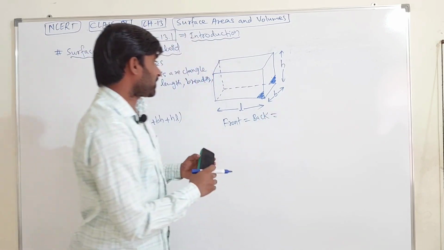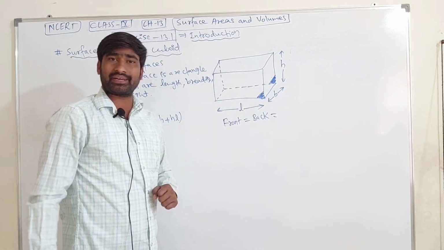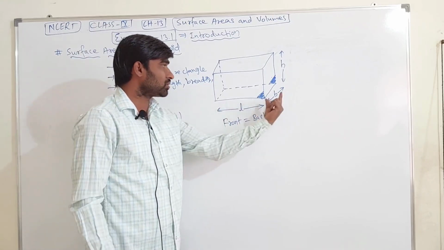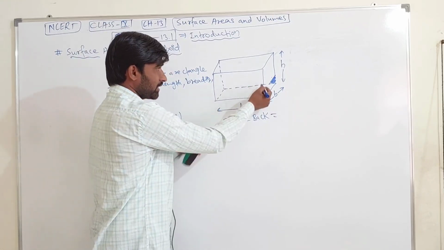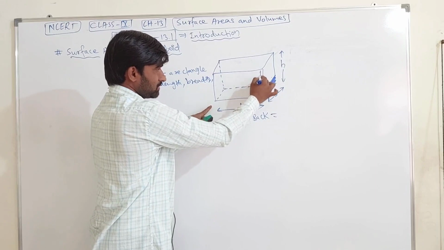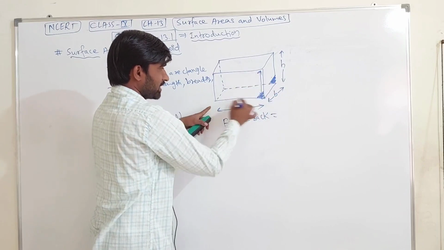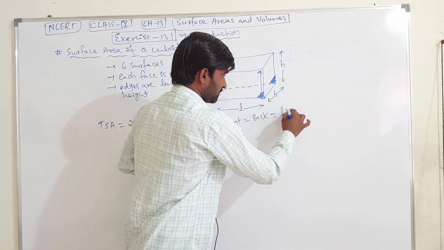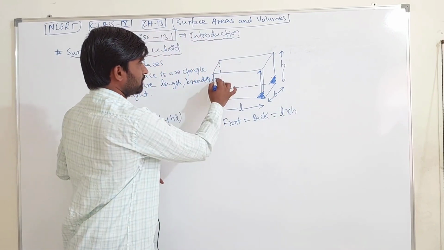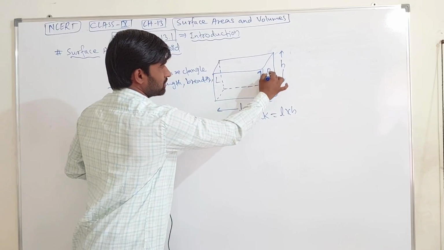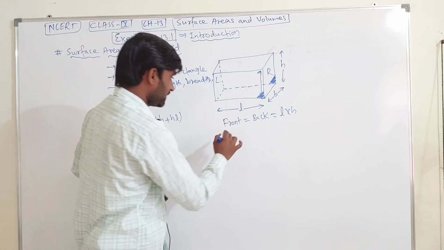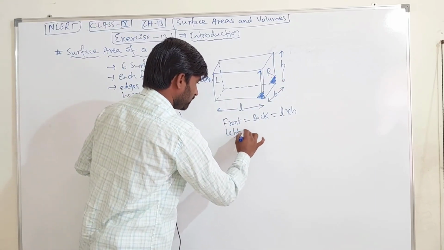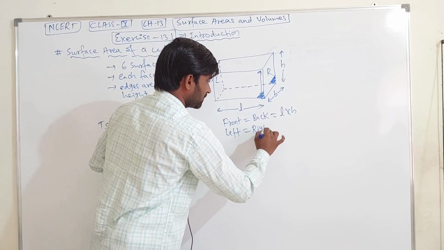So see, front one, it is in the shape of rectangle, so what is the formula? Length into breadth. But here this front face is, this is what? Height. So area of this rectangle is length into height. Next, left and right are also equal in area, so left will be equal to right.